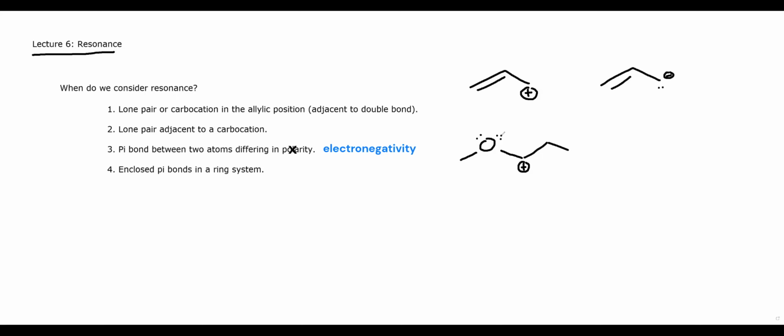Well, we could simply take this lone pair and plop it down here as a double bond, right? We just drop that lone pair down. That gives us a double bond there. And it makes the oxygen positive instead of that carbon. And there's our resonance structure. If we want to draw arrows in the opposite direction, we could just show that pi bond becoming a lone pair.